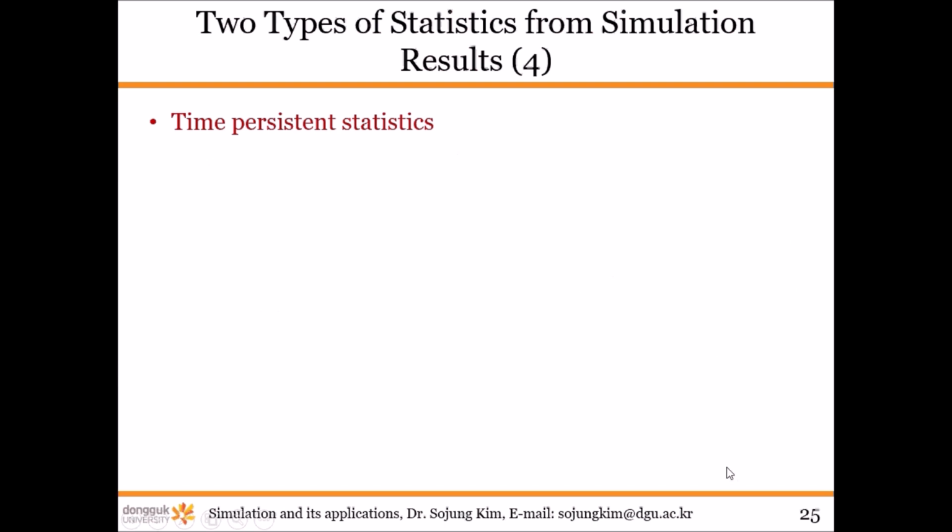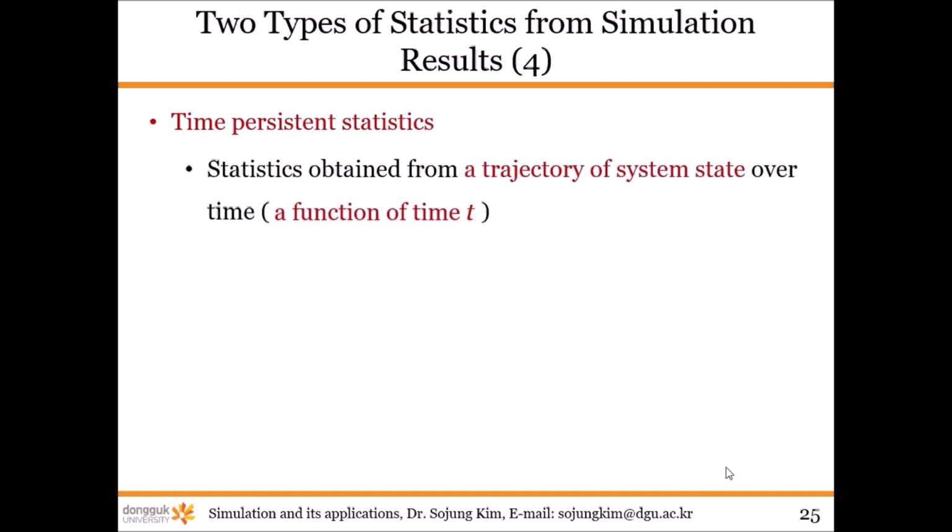Got it? And the time-persistent statistic is slightly different from the tally statistic. It is a function of time, and it can be represented as a function of t. So these statistics are obtained from a trajectory of the system state over time.